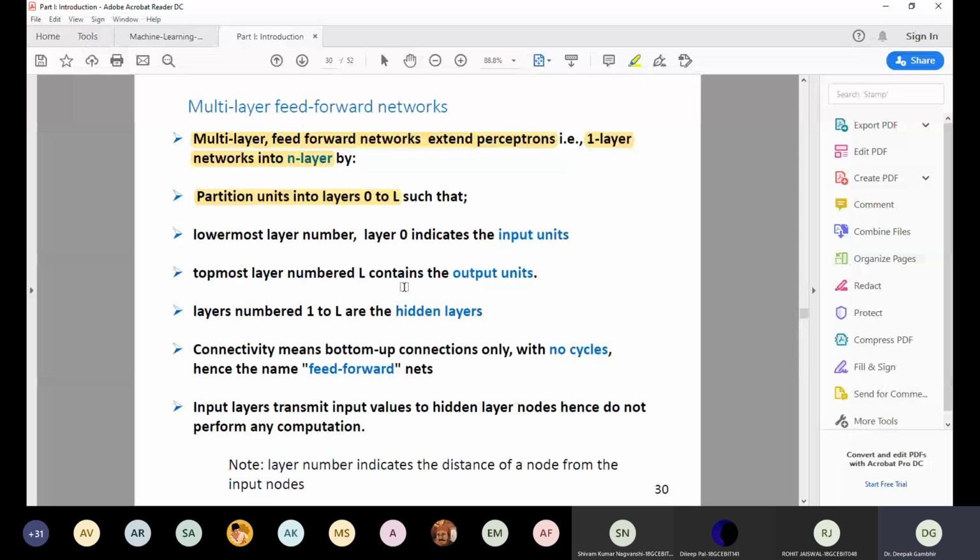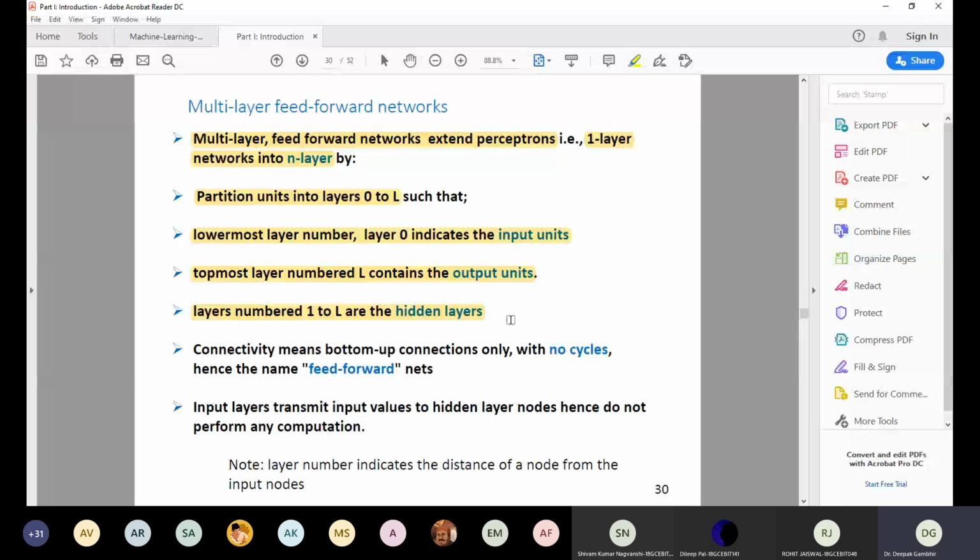The lowermost layer, layer 0, is the input unit, and the topmost layer L is the output unit. Whatever input is presented is given at layer 0, and whatever output is taken from the neural network comes from layer L, the output unit. Layers 1 to L minus 1 are the hidden layers.